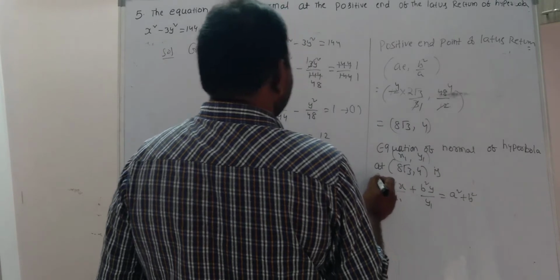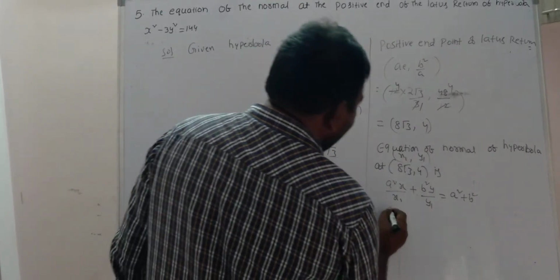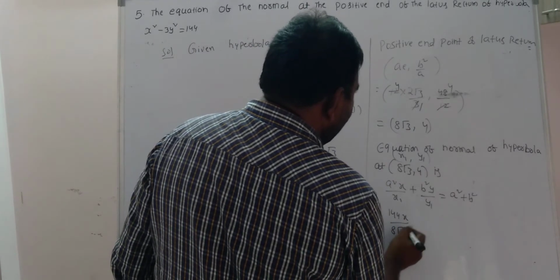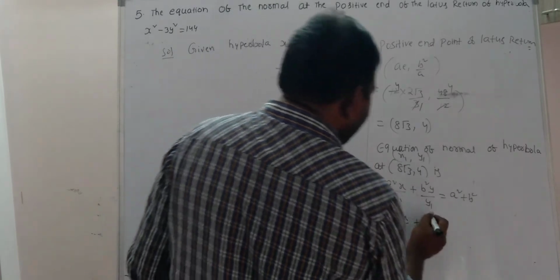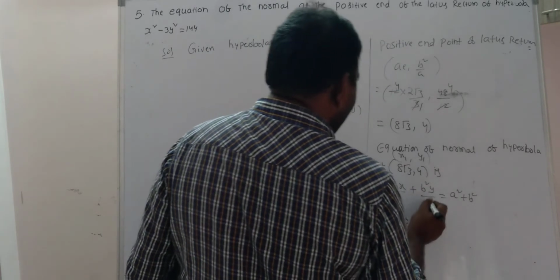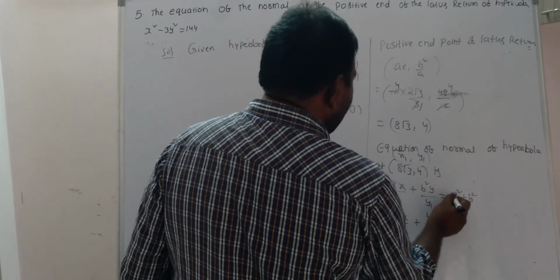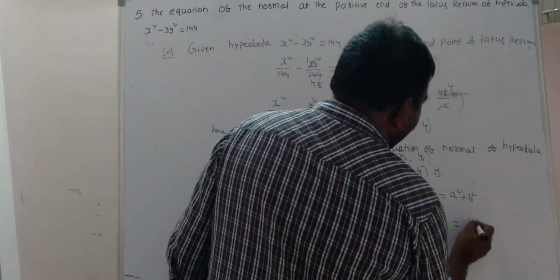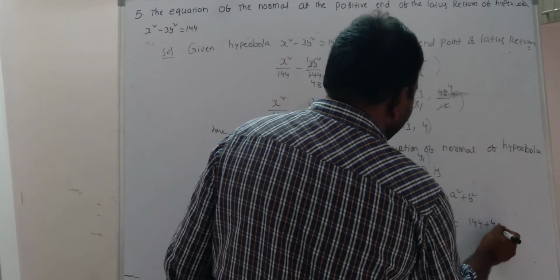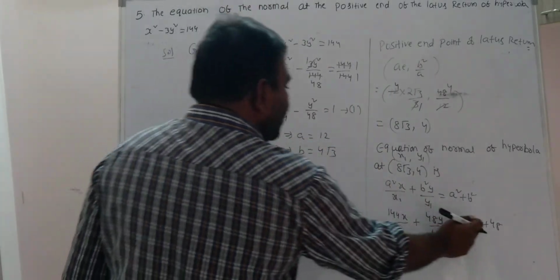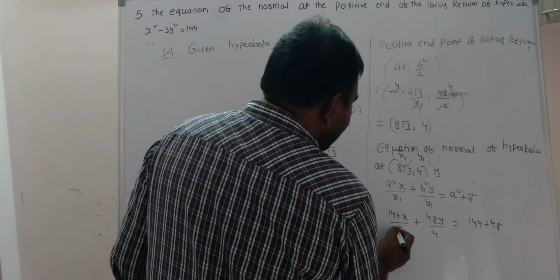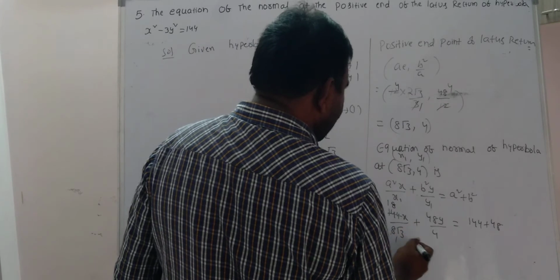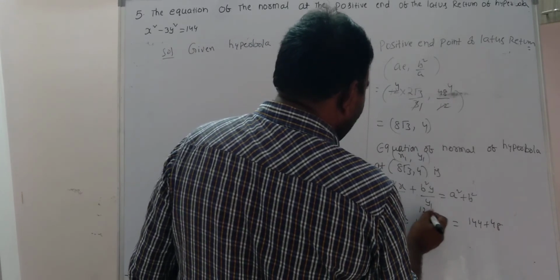So here a square value 144, x by x1 value 8 root 3, plus b square value 48, y by y1 value 4, is equal to a square means 144 plus b square means 48.